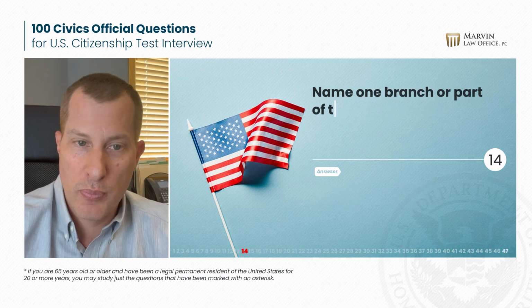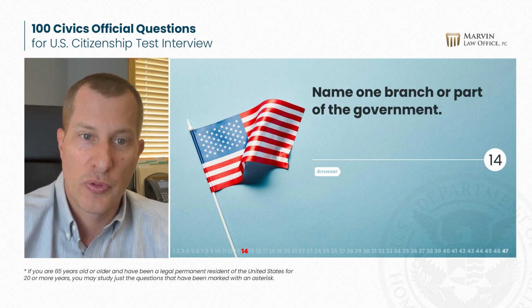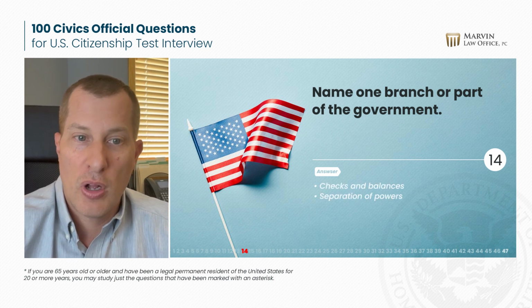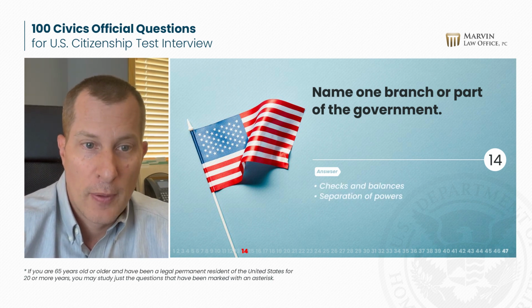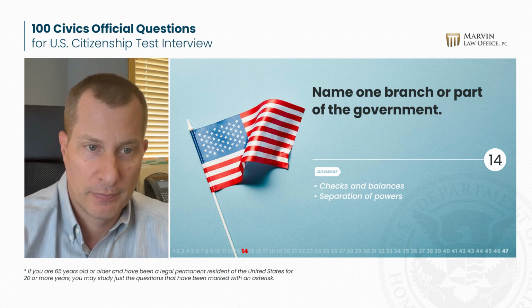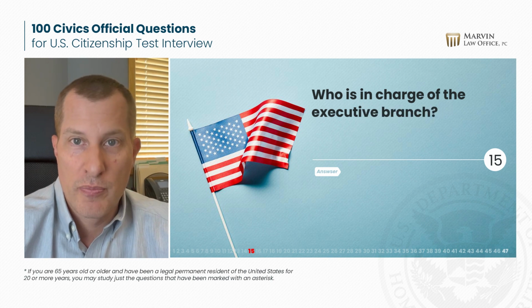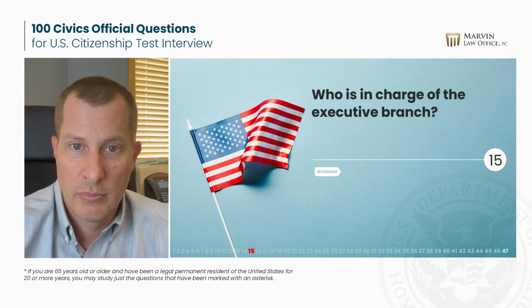What stops one branch of government from becoming too powerful? It's called checks and balances, or the separation of powers. Who is in charge of the executive branch? The president.